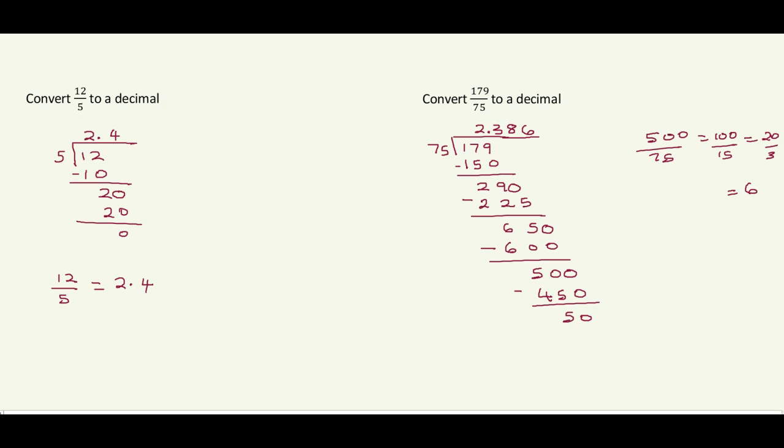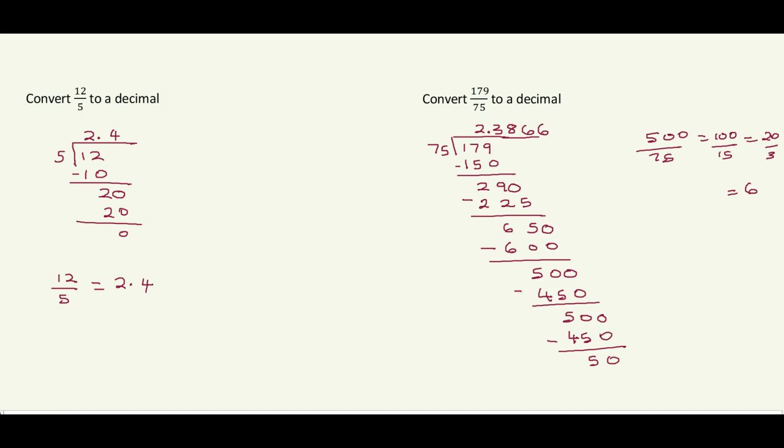So at this point, you can see that we're repeating, we have 50 again. If I add another 0, we're going to get 6 again. We have 450. We subtract again and we get 50. So we're going to continuously have 6 at the end.